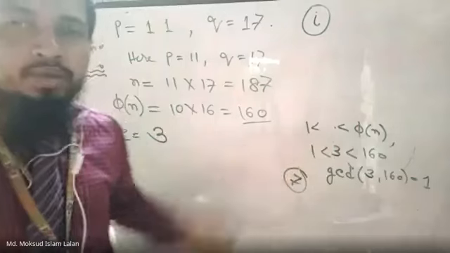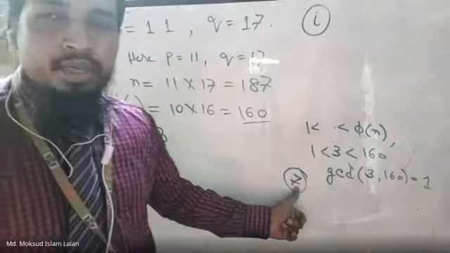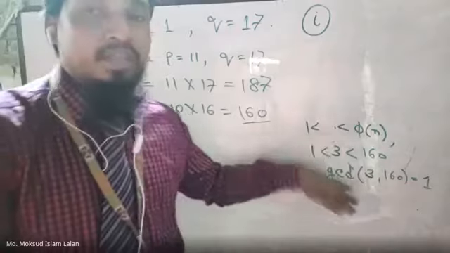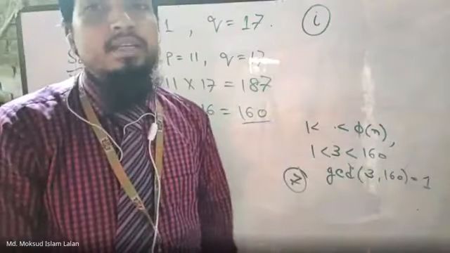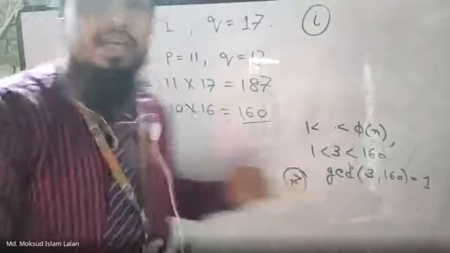So you cannot say that only 3 can be considered as E. You can consider 7 also. If it satisfies both conditions, you may consider it. Is it clear or not? Do you understand? If it satisfies both conditions, then you can consider it as E.